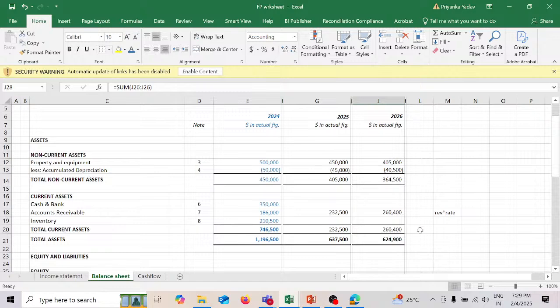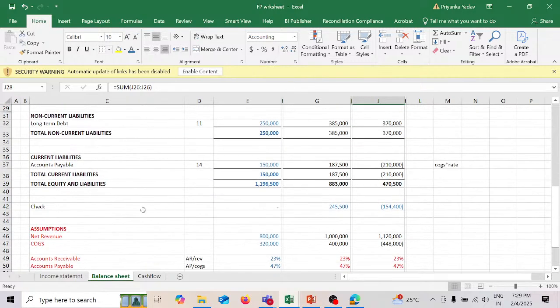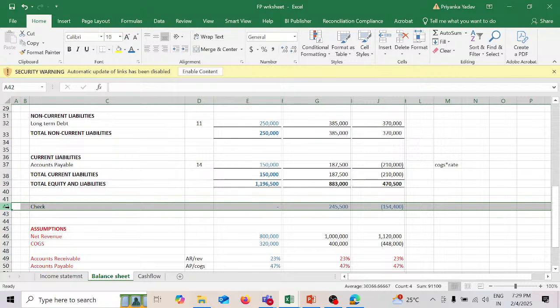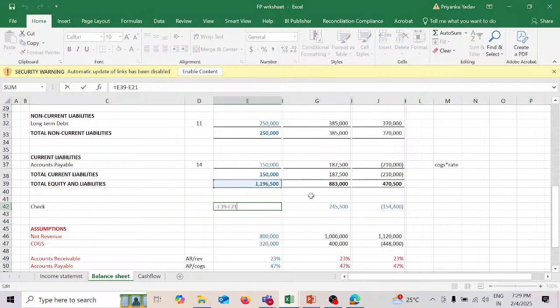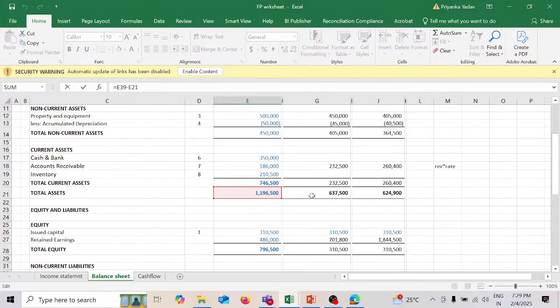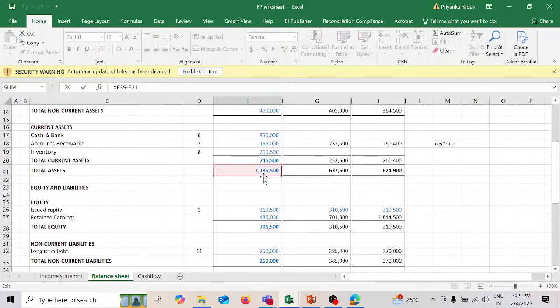Still, you see over here, I have provided a check. For the balance sheet there is a check provided so that we get to know any errors that we are making. Assets should always be equal to the sum of liabilities and equity. So the total of assets for the year 2024 is 11,96,500.